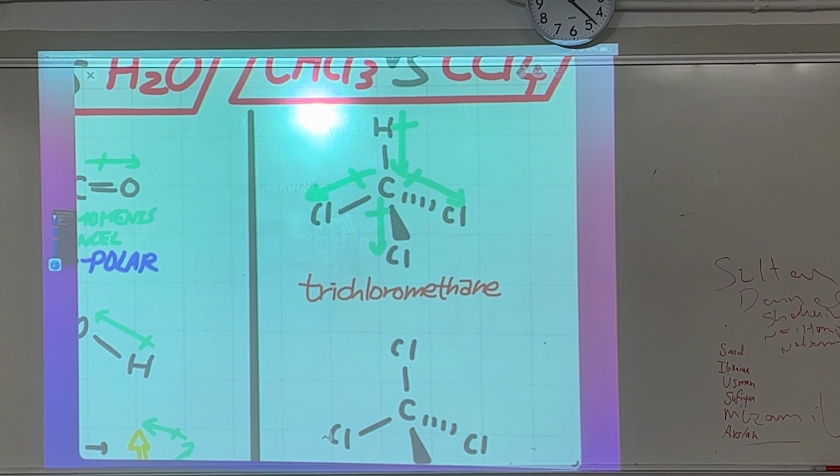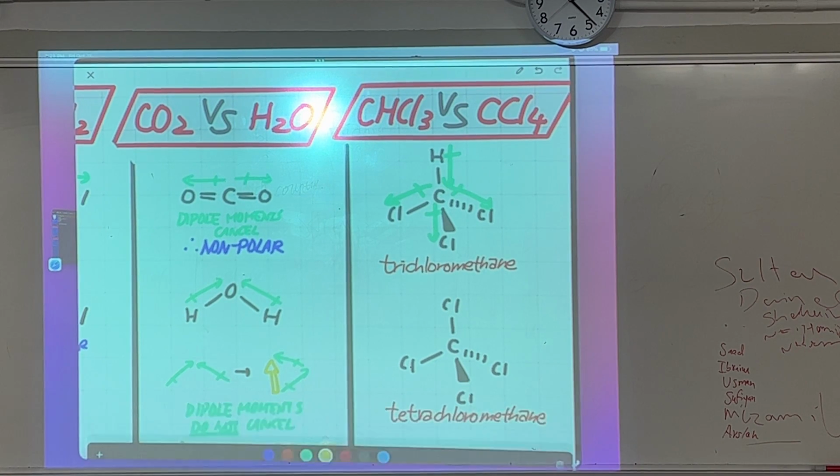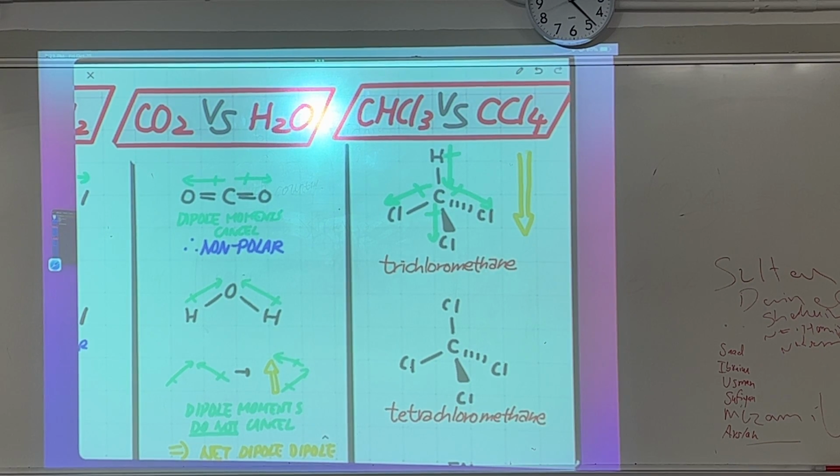Right. Okay, so can you tell me if these dipoles will add up to result in a net dipole or will they cancel out? Net. Do they look like they will cancel out? No, because they seem to have a net direction pointing which way? Down. So sometimes you don't really have to add up the vectors. You can trust your instinct.